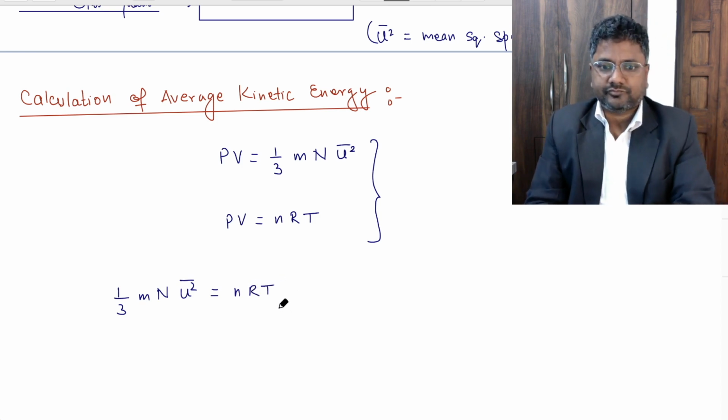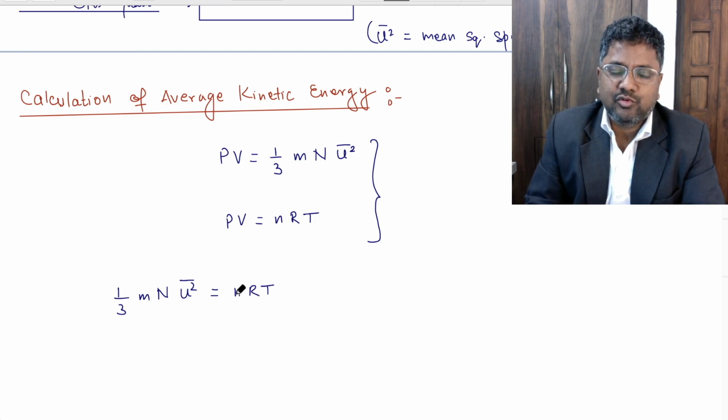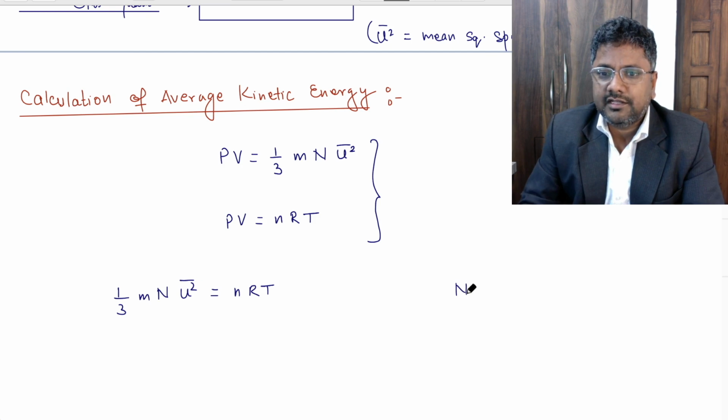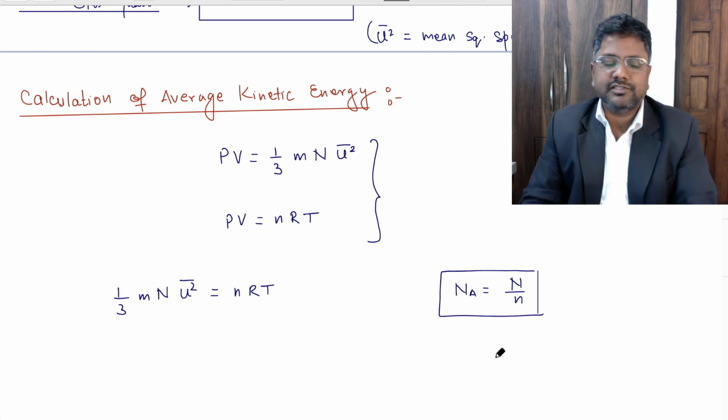See, this is the number of moles and this is the number of molecules. So if you divide this equation by the number of moles, N by n, you can write here Na is equal to capital N by small n. This relation from chapter 1, all of you know.